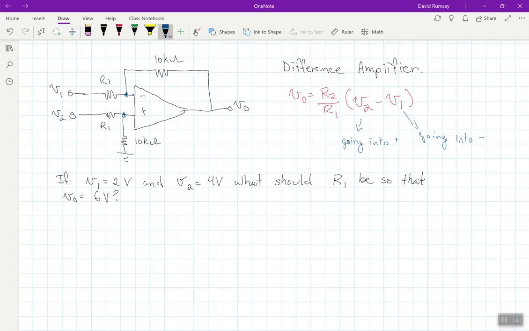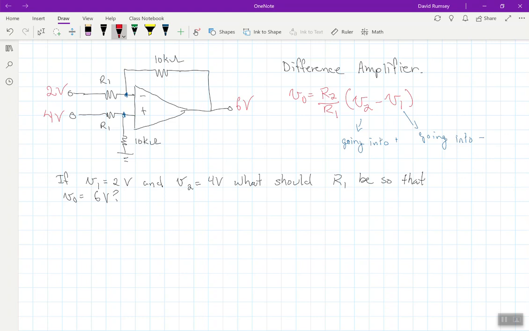All right, so now let's look at the question here. It says if V1 is 2 volts, okay, so I'm just going to erase some of these things here and put it in. So I've got 2 volts here. V2 is 4 volts. What should R1 be so that Vout is 6 volts? So I have Vout is 6 volts.